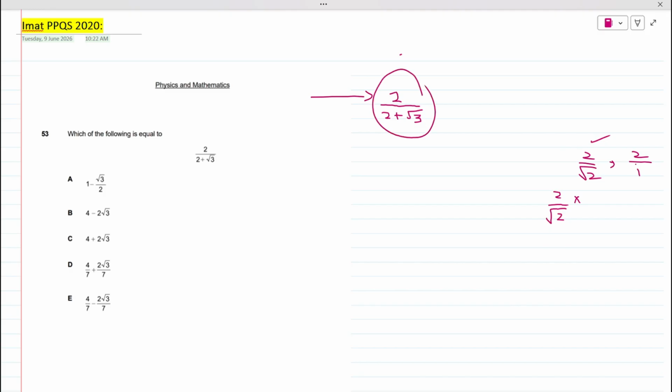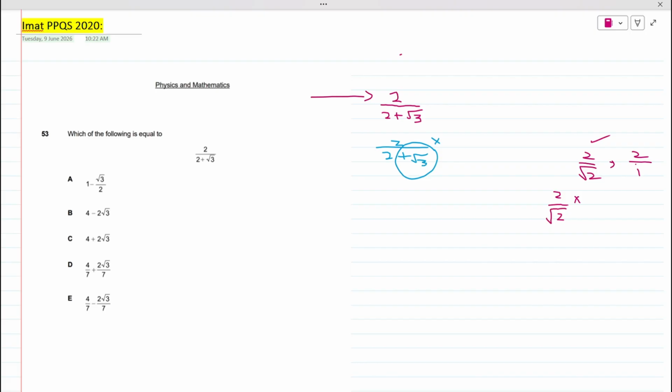So 2 upon 2 plus radical 3. You have to take this entire thing from the denominator and multiply in the numerator as well as in the denominator. And you have to change the sign of the radical term.